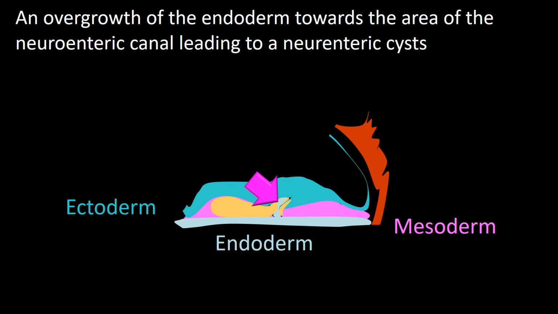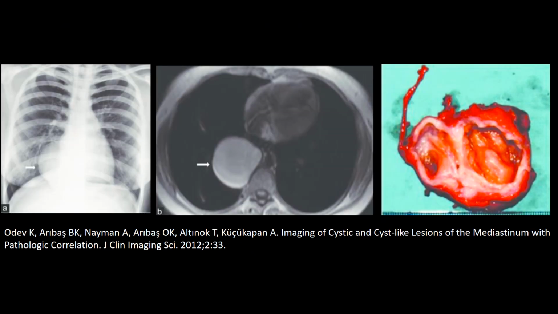I will now say a few words about the presentation of neuroenteric cysts. The patient in this case was a 30-year-old man with flank pain. The chest X-ray showed a mass, better appreciated in the MRI, that when resected was a neuroenteric cyst.